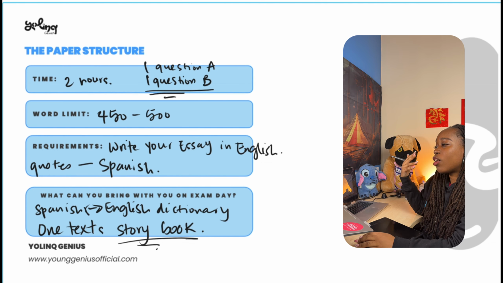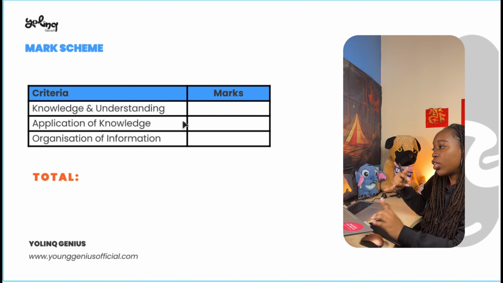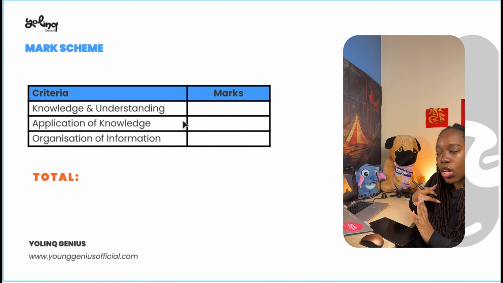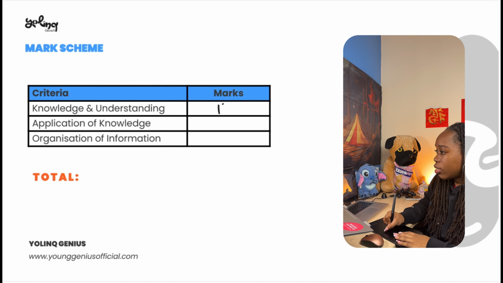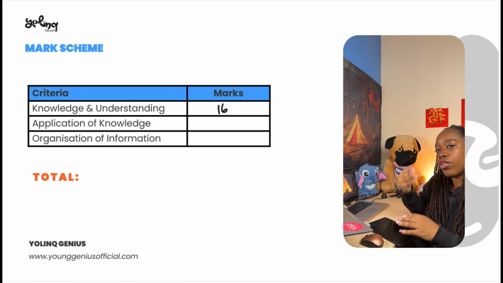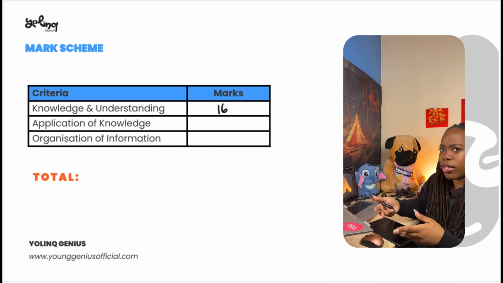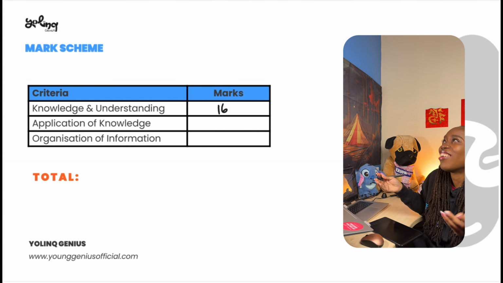Now, in terms of mark scheme and where you're earning marks, you're being marked on your knowledge and understanding, your application of the knowledge, and the organization of the information. For knowledge and understanding, you're given 16 marks, and this really evaluates how well you've understood the text that you've read. And of course, you have to read it before the day of the exam, please.